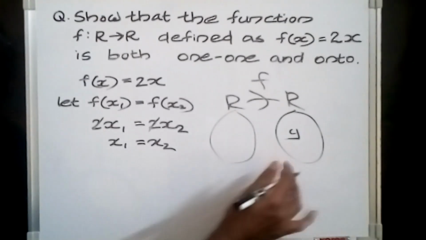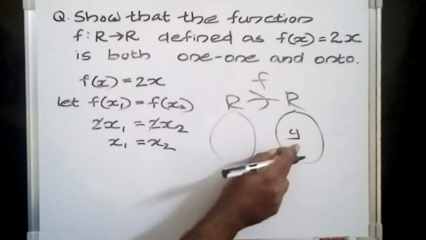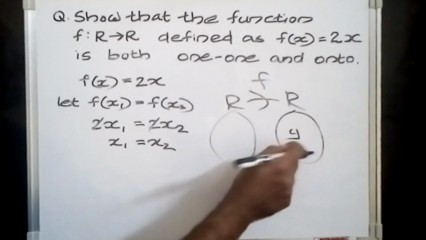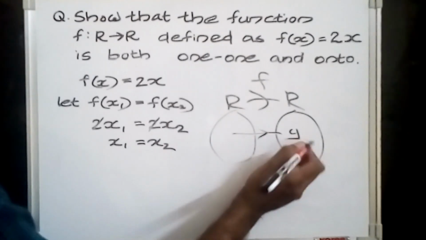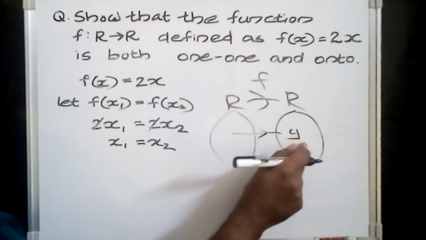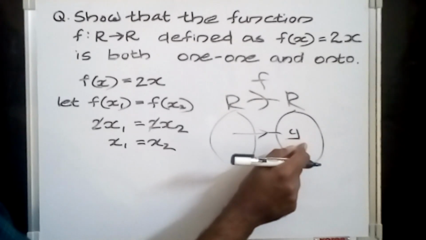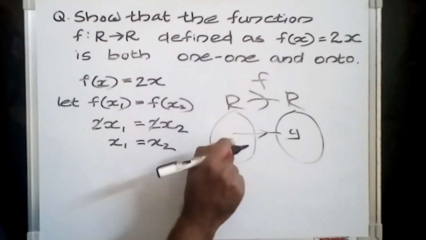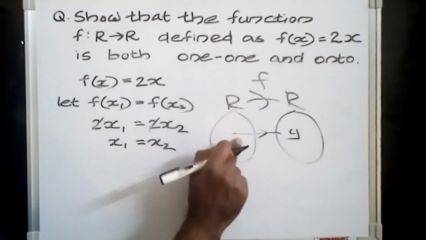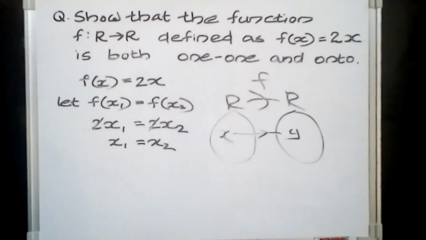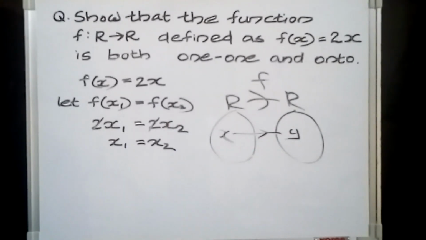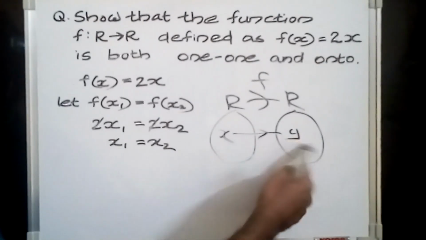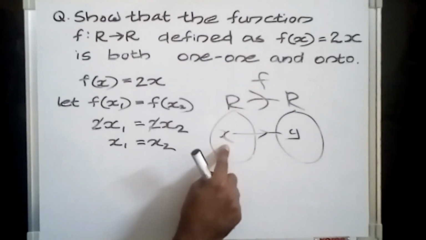Then we have to prove that the point y has a pre-image in the first set. For any point y in the second set, there should be a corresponding pre-image in the first set. If there exists a corresponding pre-image x in the first set, the function is onto. That is the theoretical way of proving the function is onto.